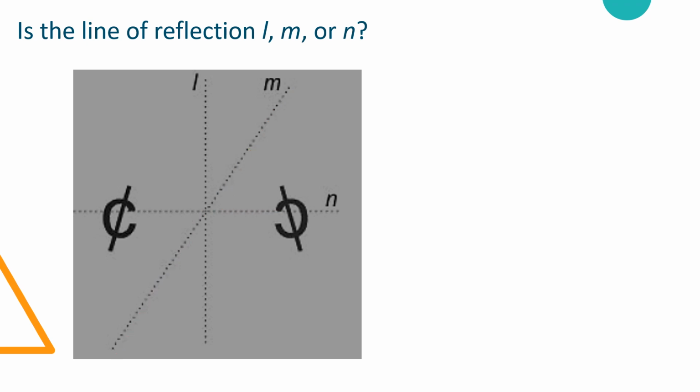And then if I look at line L, if I take this point, we are the same distance away from line L, and it is perpendicular to line L. If I take any other point on C, all of those are also perpendicular. So line L would be the line of reflection there.